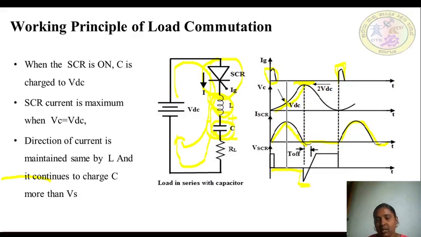This is also important because a reverse voltage has been applied by the capacitor to the SCR. This voltage has been shown here. This is the negative voltage applied across the SCR to turn it off. After some period, as the voltage across the capacitor comes down, the SCR voltage will also reach a maximum positive value, and again it is in the off state. Here, at this point, you are going to turn on the SCR.